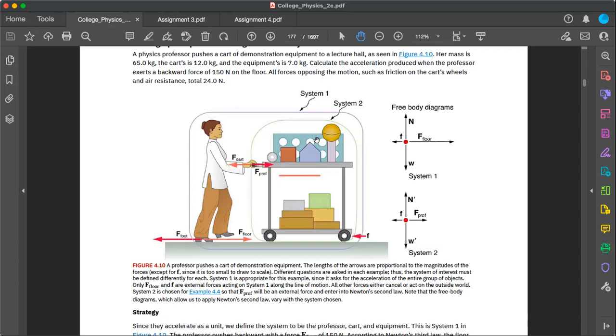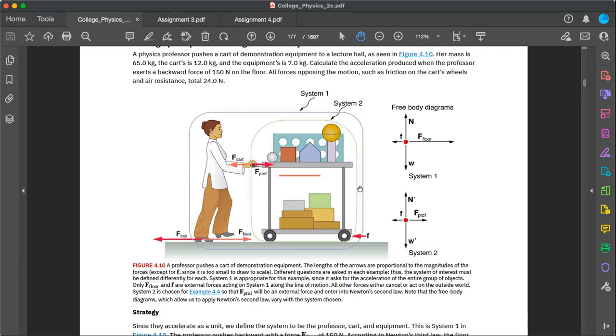The force that the prof pushes the cart with, and the friction. We don't know the force that the prof exerts, we want to find it, but we know the friction and we know the acceleration. That's the key.